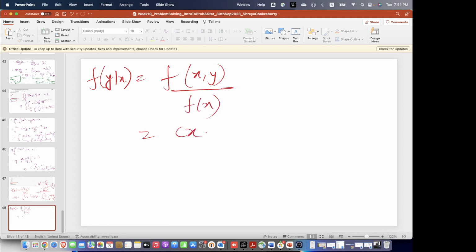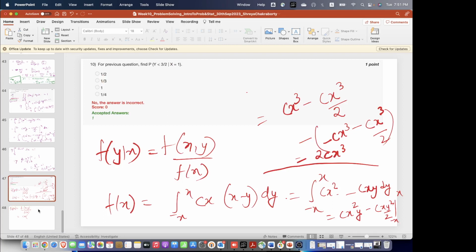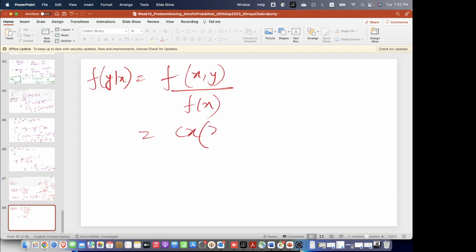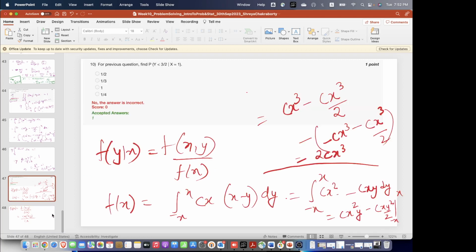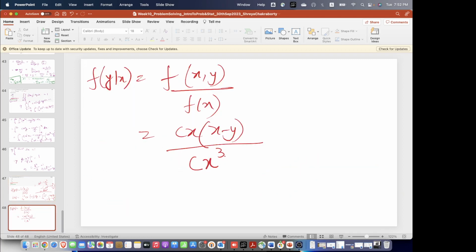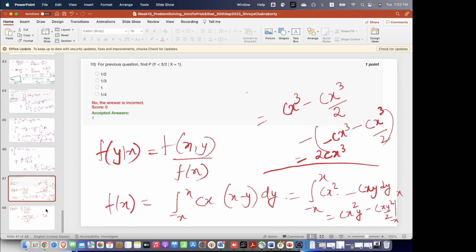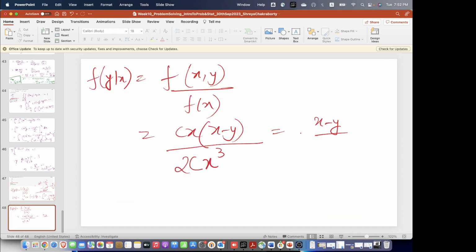So it will be cx into x minus y by 2cx cube. Here c would get cancelled, so it will be x minus y by 2x square. This is the f of y given x.